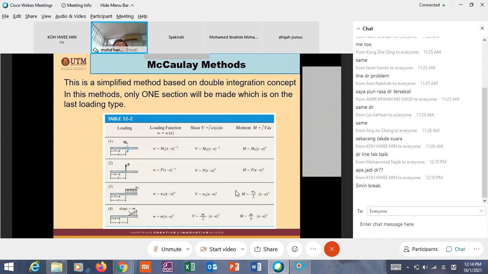In example 1, for the uniformly distributed load, we don't need Macaulay method. But in example 2, you have to split into 2 segments. In example 2, okay. Example 3, in the previous example, sorry.